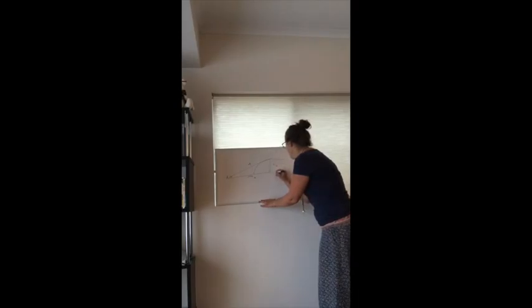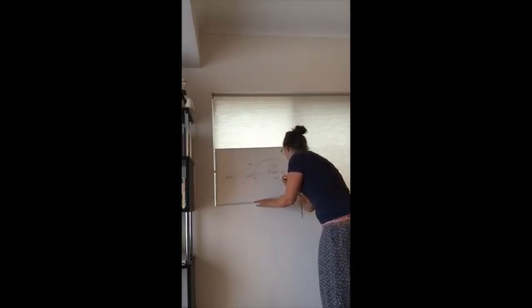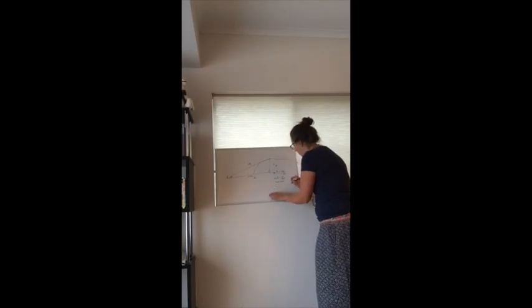So let's write out. So we have tan theta equals opposite over adjacent. So therefore tan 16, because this is our angle here, equals x over 1200 metres. So therefore tan 16 times 1200 equals x.